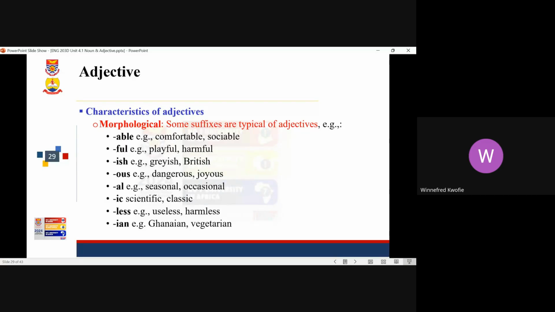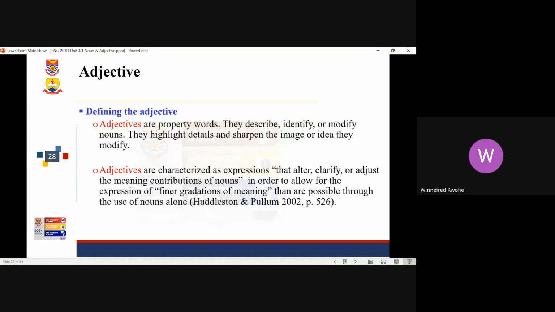So in the examples that I gave earlier, beautiful, old, young, they made the meaning of the word boy clearer. So when you say it's a property of word, they are just there to describe words.